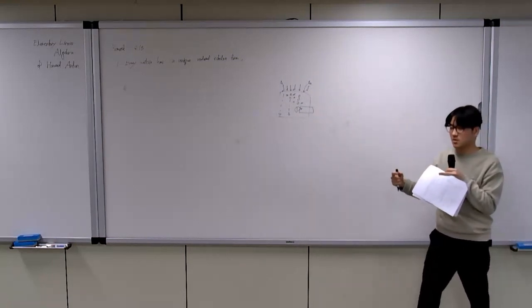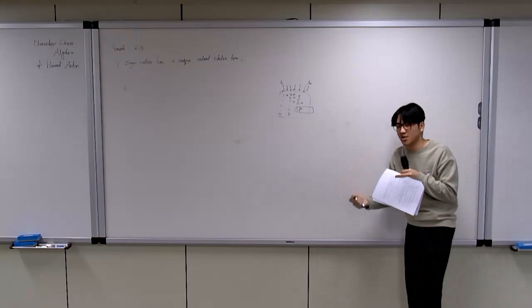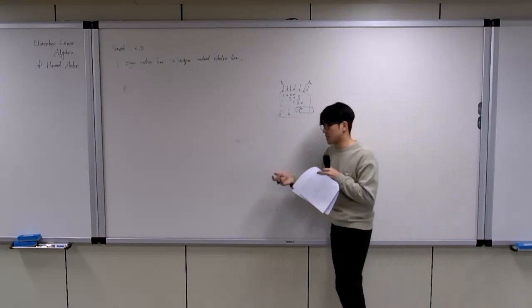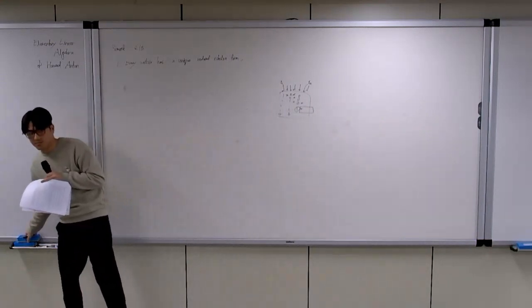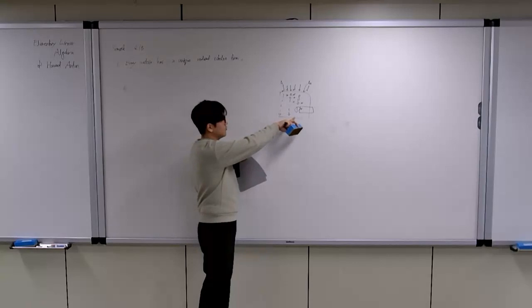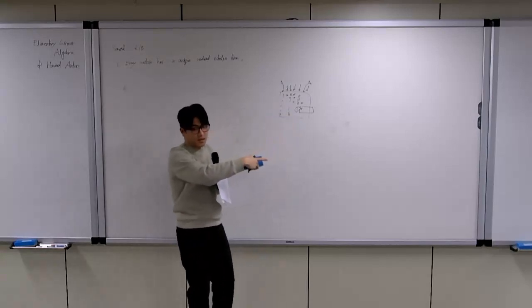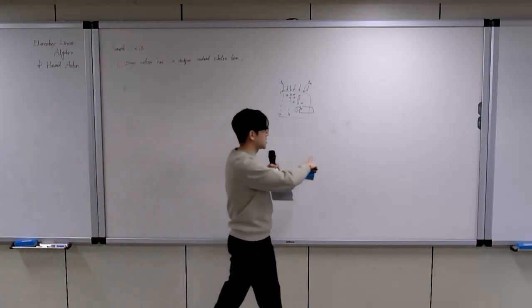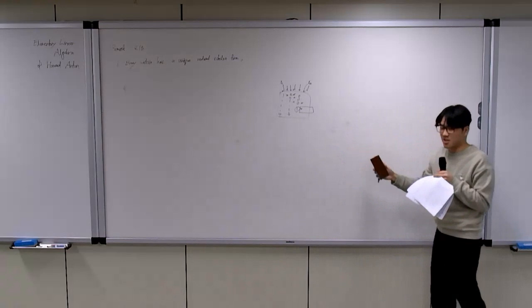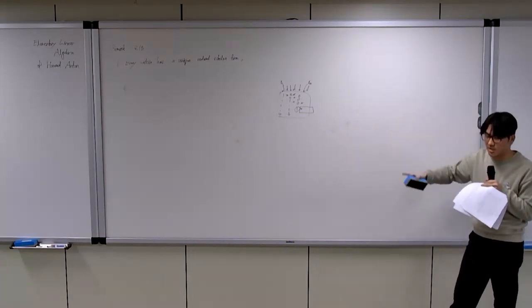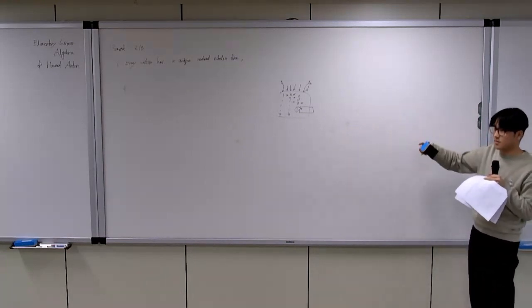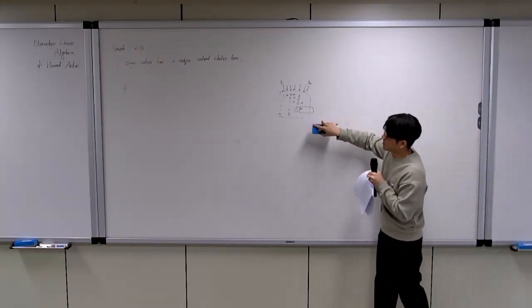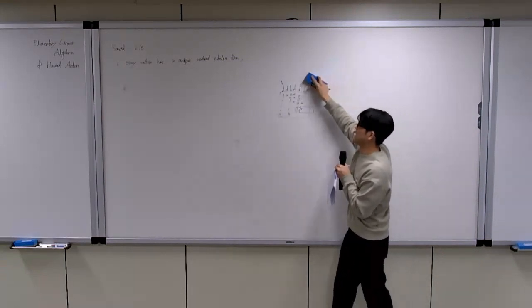So if the solution is not changed, then the final reduced echelon form will be the same, because this form is saying the solution set, and the solution set does not change by the matrix row calculation rules. So the reduced echelon form will be unique.